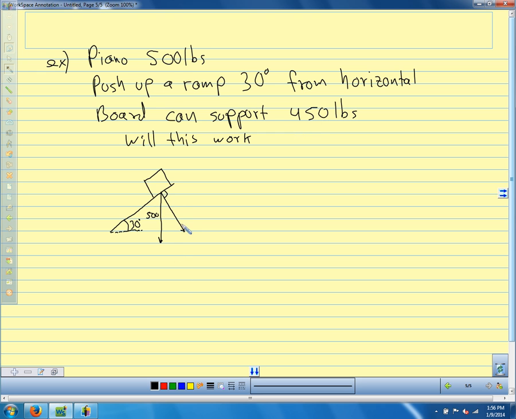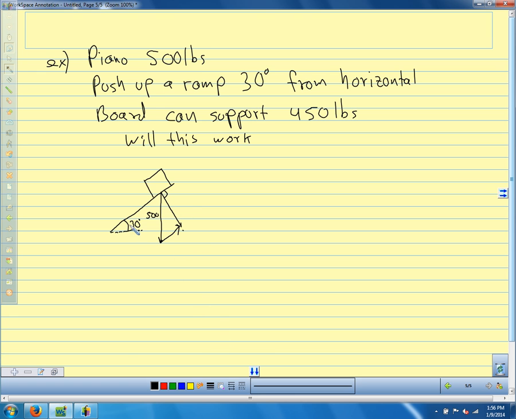We're also going to have to exert a force directly up the ramp to keep the piano from sliding down the ramp. So this is our picture, and we want to see, is this larger or smaller than 450 pounds?